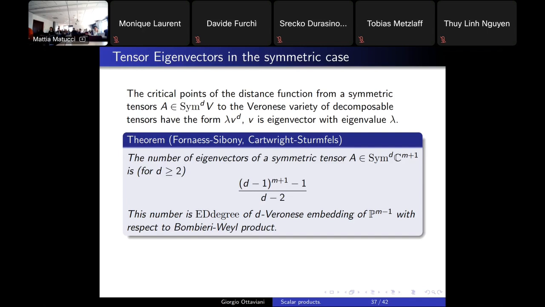This is the formula. Note that the denominator divides the numerator, so it is simply a polynomial. If you compute for d equal to 2, it is just a sum of 1, m times, and this number collapses to m. So this is nothing else than the degree of the Veronese embedding with respect to the Bombieri-Weyl product.